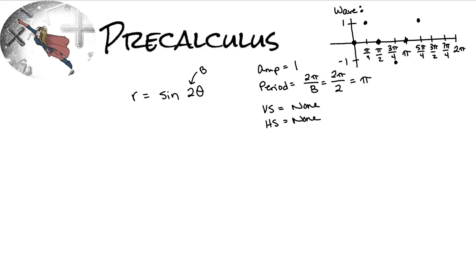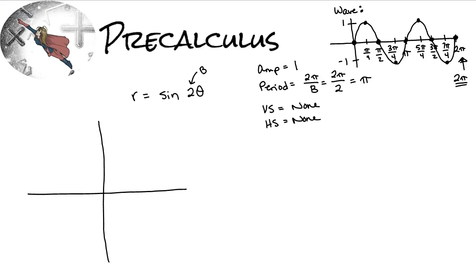So up to 1, back to 0, down to -1, back to 0. So we have 2 cycles. But when we're doing this technique to graph polar graphs, we need to show always the wave up until 2 pi. That's important.